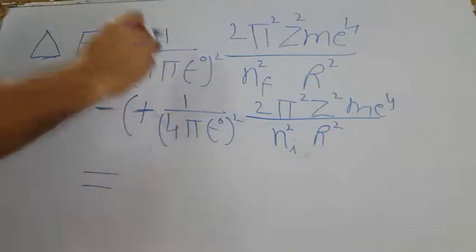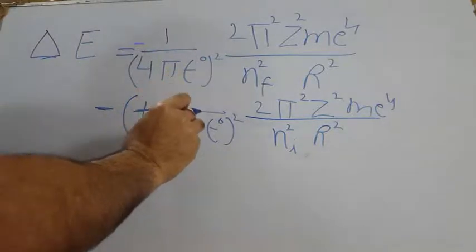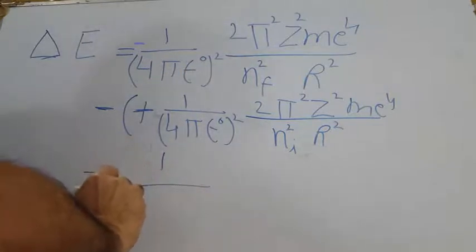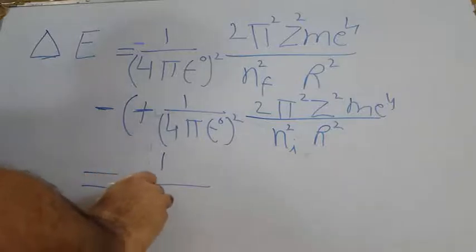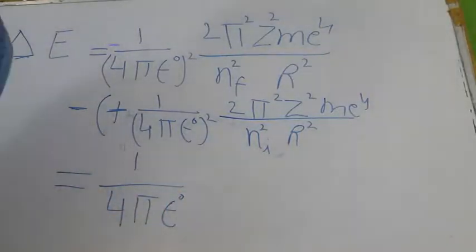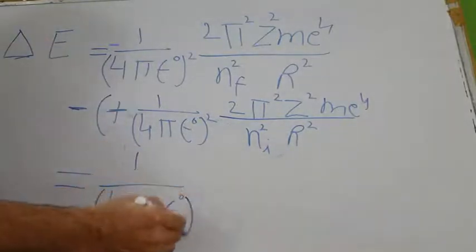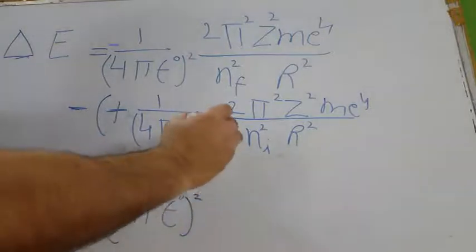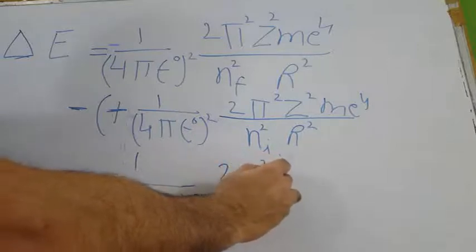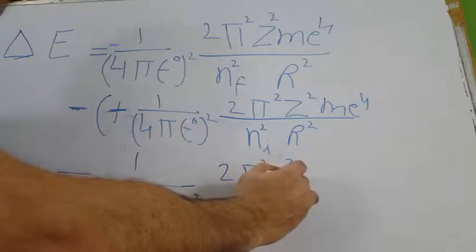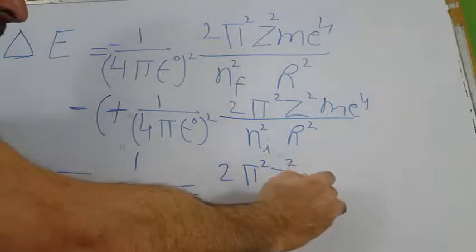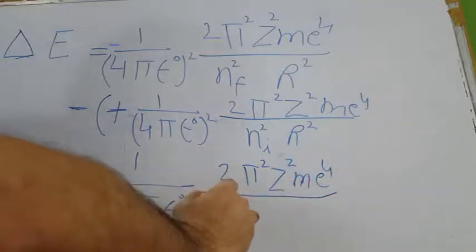When we add these both up, the equation would become equal to 1 upon 4 pi epsilon 0 whole square, and here 2 pi square Z square e to the 4 upon h cube.